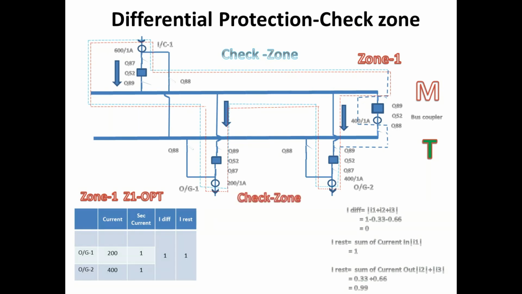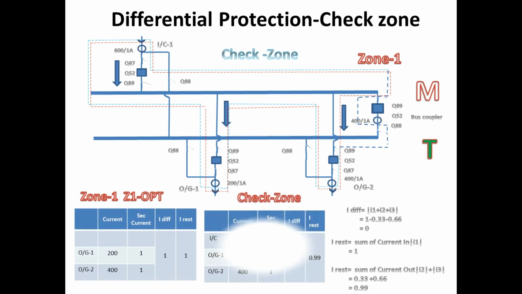When you see the I restraint, there is a difference between the bus zone and check zone I restraint. Here it will have two I restraint values. The first one is the sum of in; if you have two incomers, then the sum of in will be I1 plus I2.